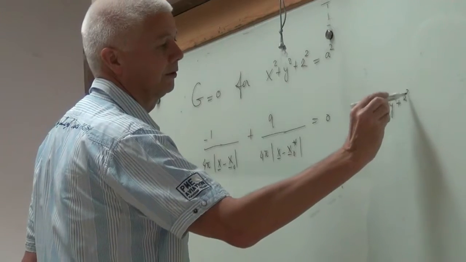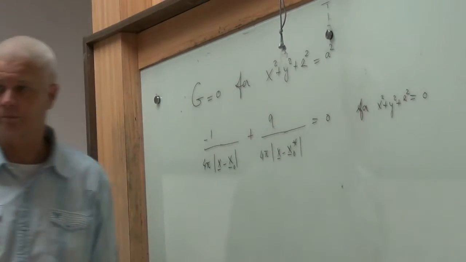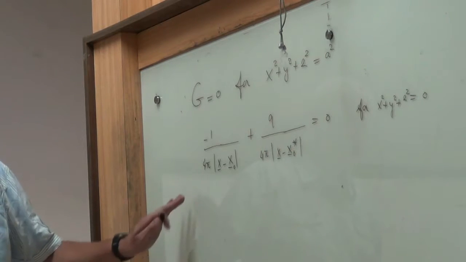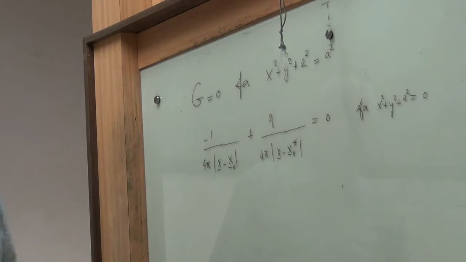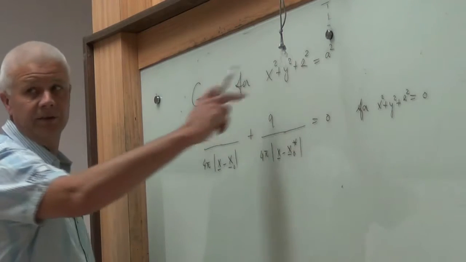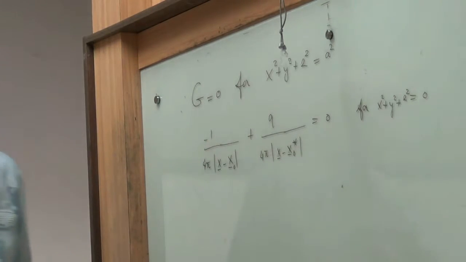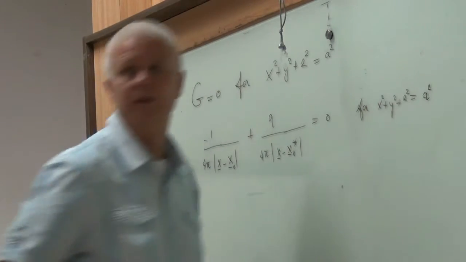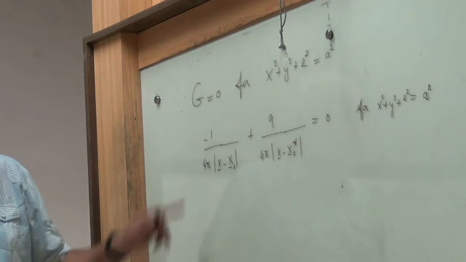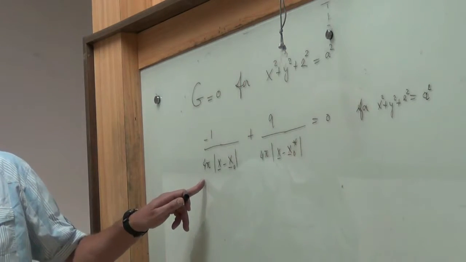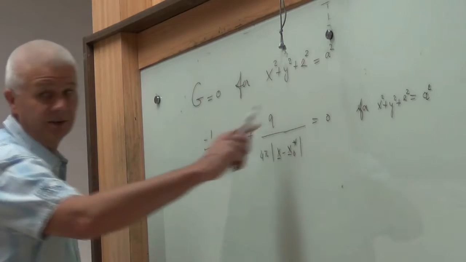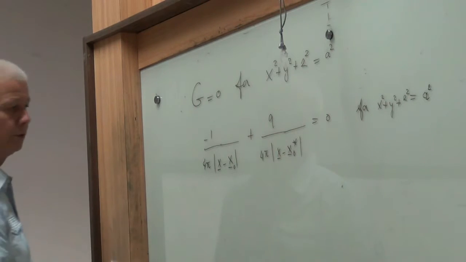That should be equal to 0 for x squared plus y squared plus z squared equal to a squared. Yes, sorry, x squared plus y squared plus z squared is a squared. Thank you. So on the sphere, we should have this condition.